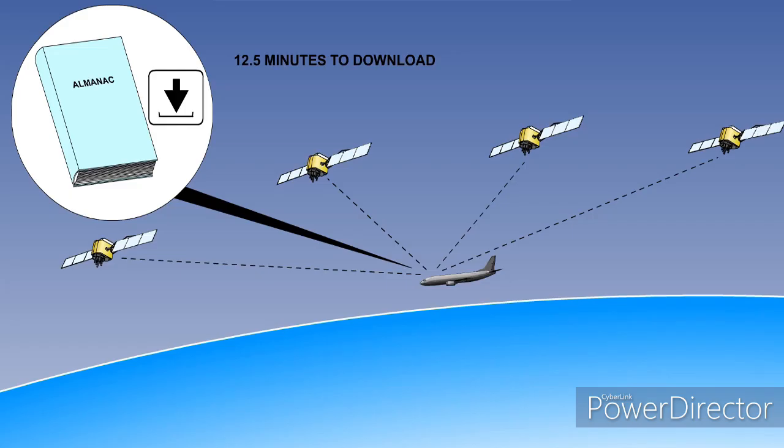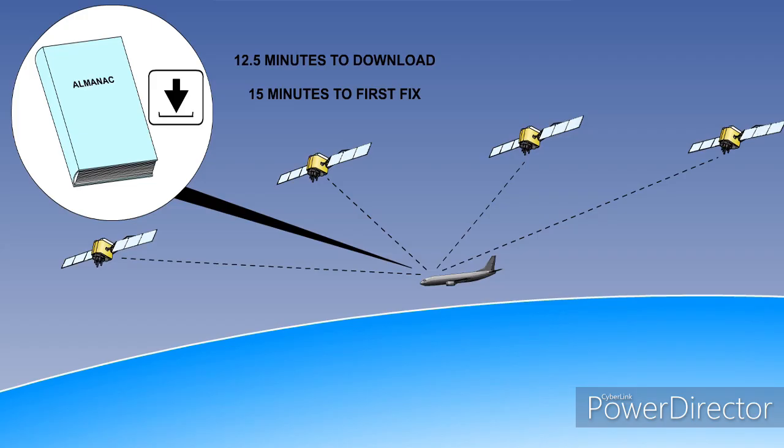The almanac data fills 25 frames, so it takes 12.5 minutes to download. The receiver will now carry out a sky search, which involves the receiver checking which SVs are above the horizon and selecting the 4 to give the most accurate fix, then commencing position fixing.